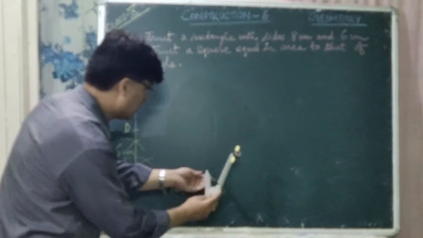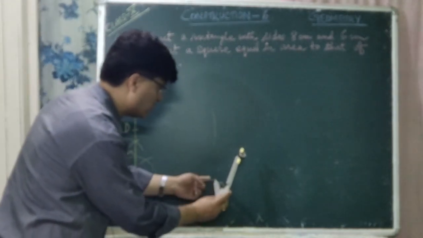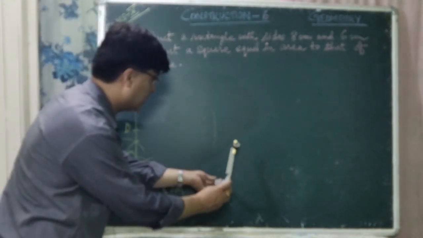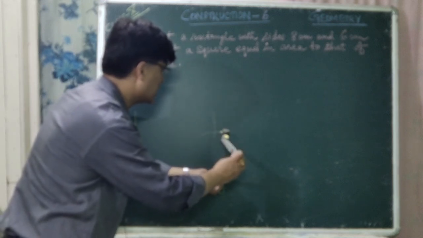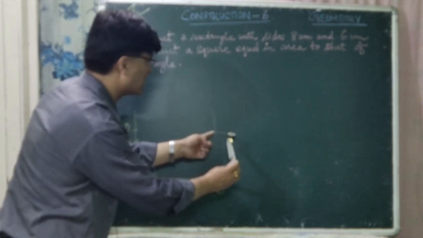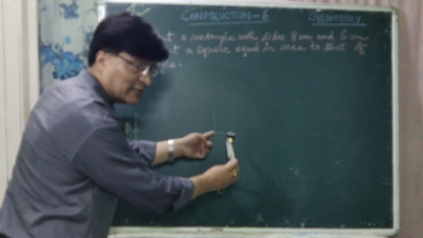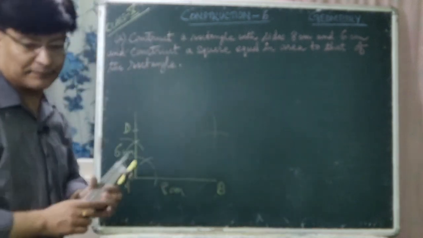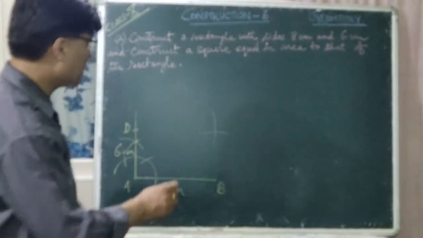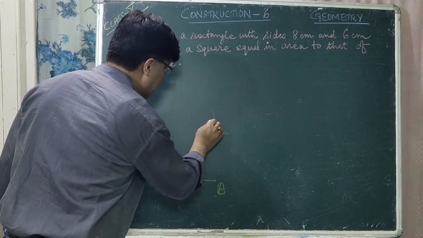So now keep the pointed needle at the point B and draw an arc so that the arc will intersect the previous arc at this point. Is that clear? So this point is C. Let us mark this point as C.